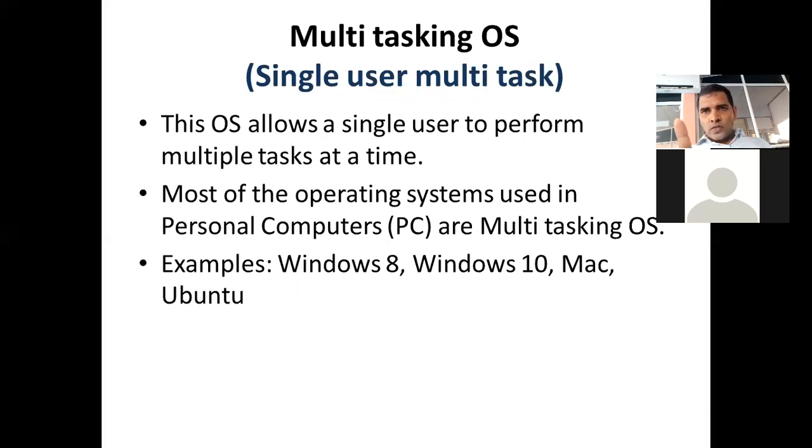So one user can work at a time, but he or she can perform many tasks at a given time. Like I mentioned earlier, while listening to music, you can type something, right? While browsing the websites, you can listen to music, or you can take some printouts.